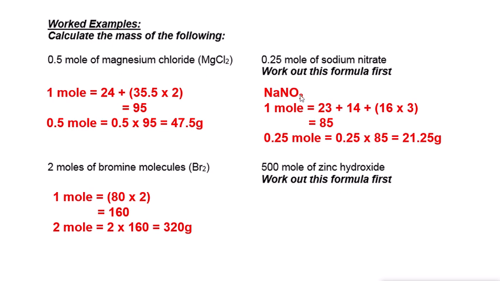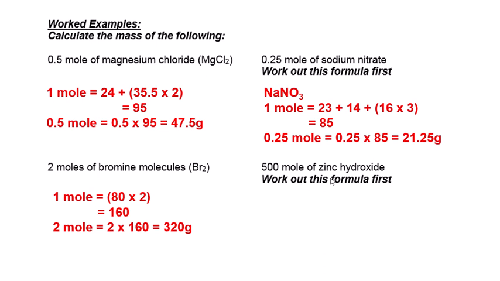Then 1 mole is going to be 23 sodium plus N, 14. Oxygen, 16 multiplied by 3, so 1 mole totals 85. So 0.25 mole is then going to be 0.25 times 85, 21.25 grams.